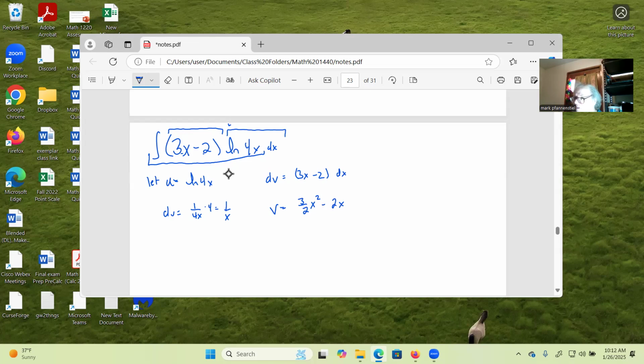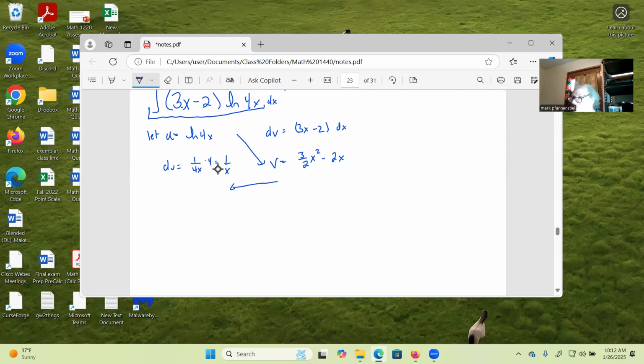Now, when we put it together, we've made a little box, and all we do is multiply the two diagonals together. So it's uv, so we have 3 halves x squared minus 2x times the natural log of 4x. Notice I put the polynomial before the logarithm. It's not a rule that you have to do it this way.